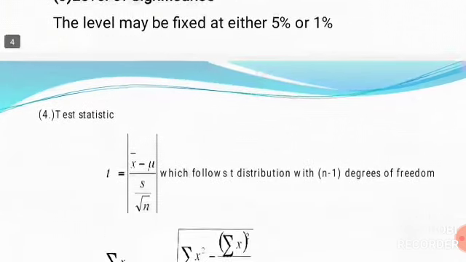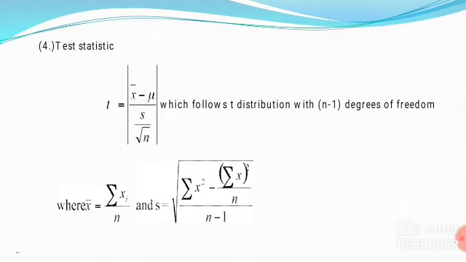Now, fourth step of testing of hypothesis, the test statistic. If our sample size n is less than 30 and the population parameter is unknown, we use the test statistic t. What is t?